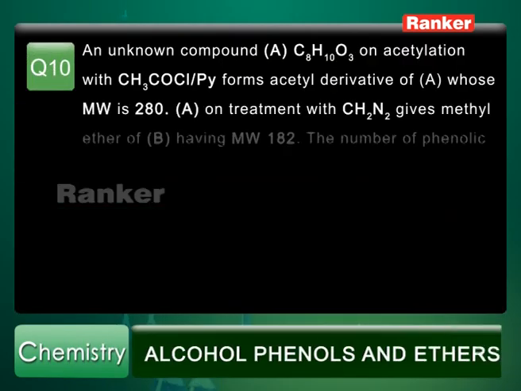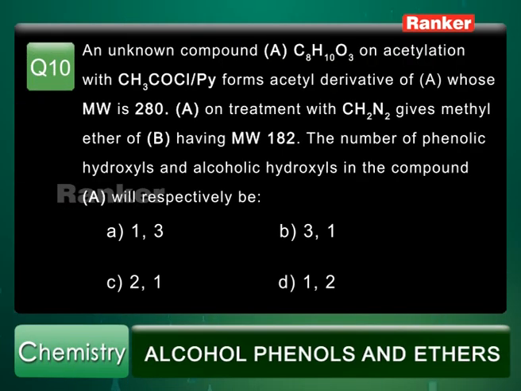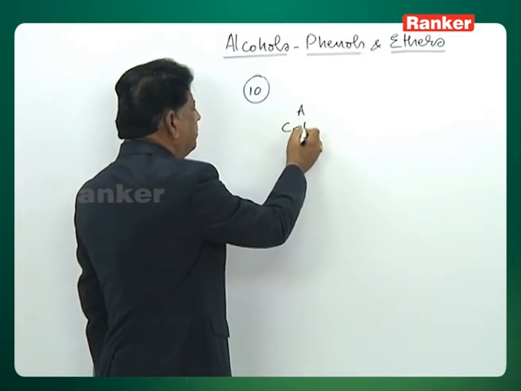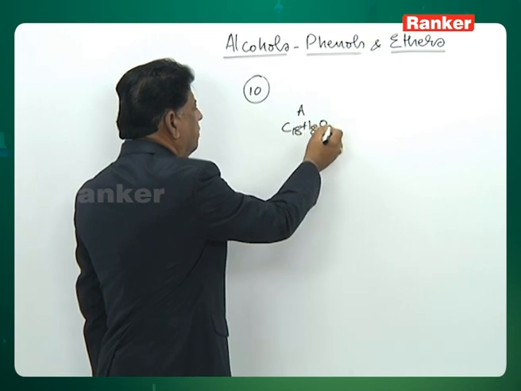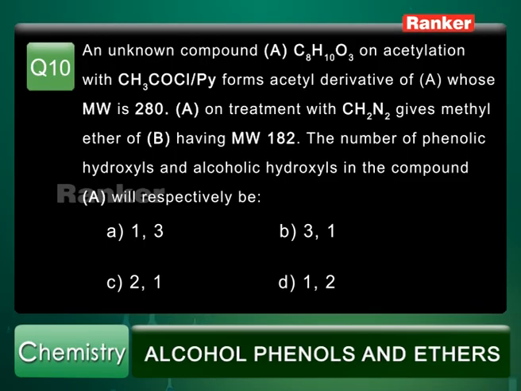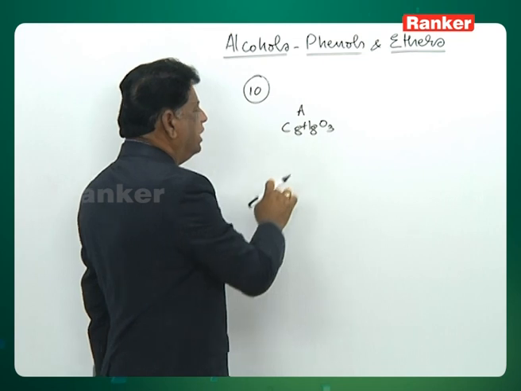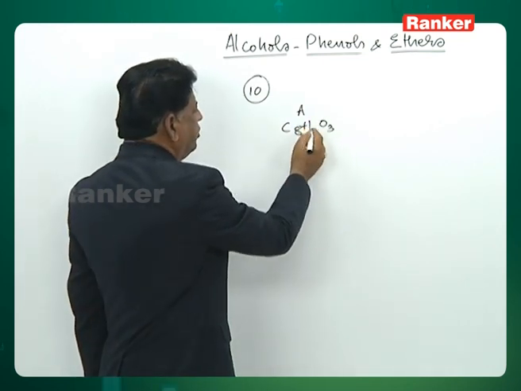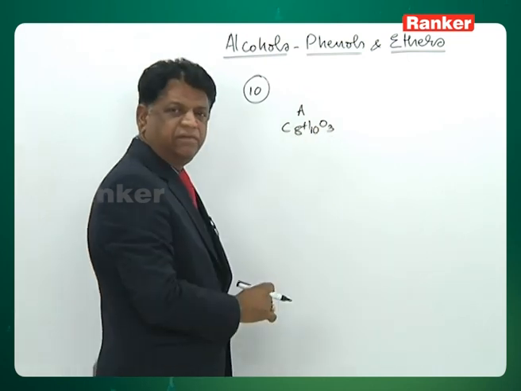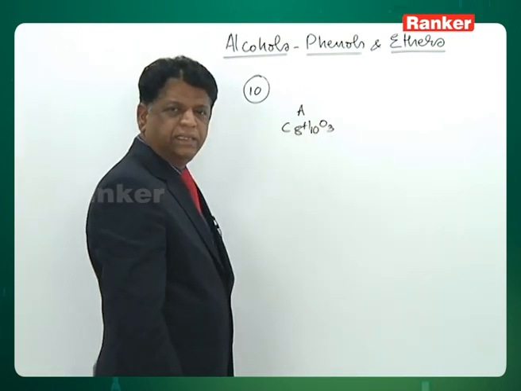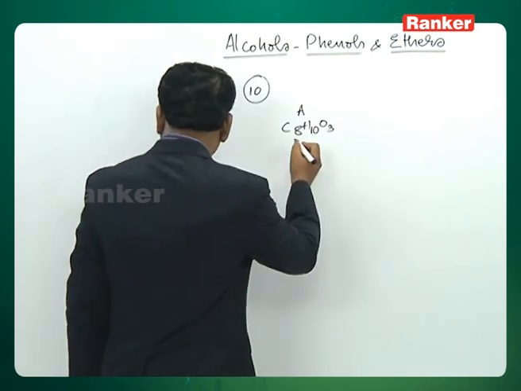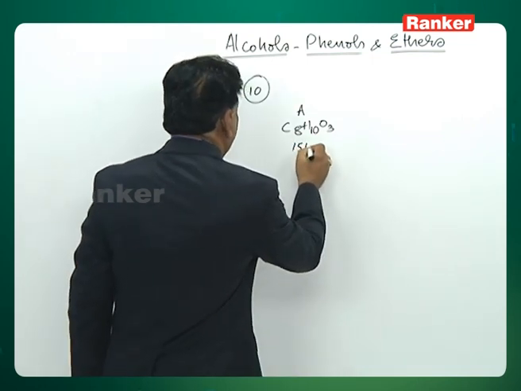The problem says an unknown compound A has the formula C8H10O3. You can calculate its molecular weight: 12 into 8, the hydrogen will be 10, oxygen will be 3, so the molecular weight will be 154, right?